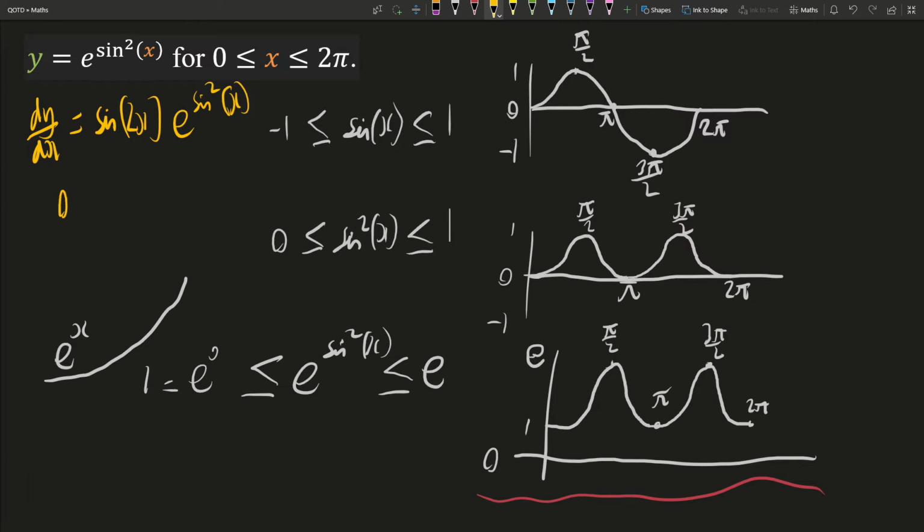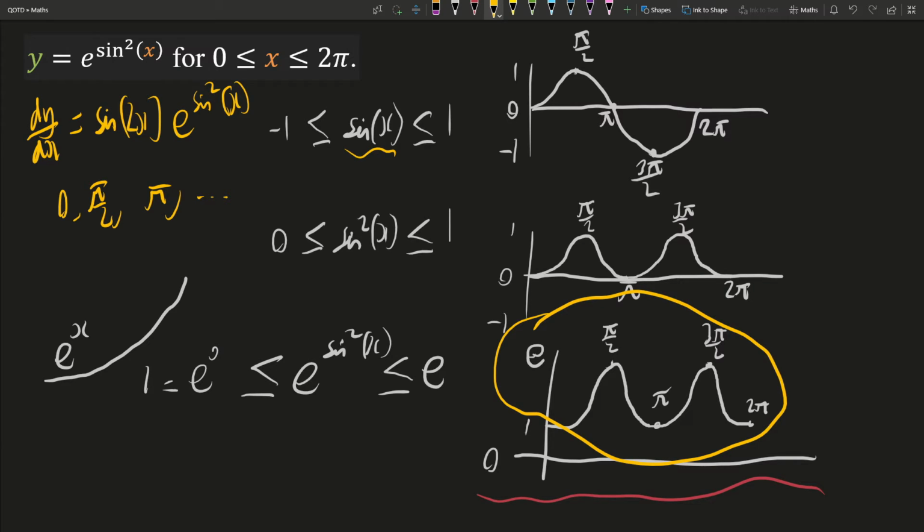So this gives us the solution 0, pi over 2, pi, and so on. So it's every multiple of pi. And we can see sort of how you might end up with this. So we'd have to differentiate again to work out whether the maximum or minimum point. And this can get quite messy. So it's definitely more intuitive to consider it by building up the functions from sine x to sine squared x to e to the sine squared x.